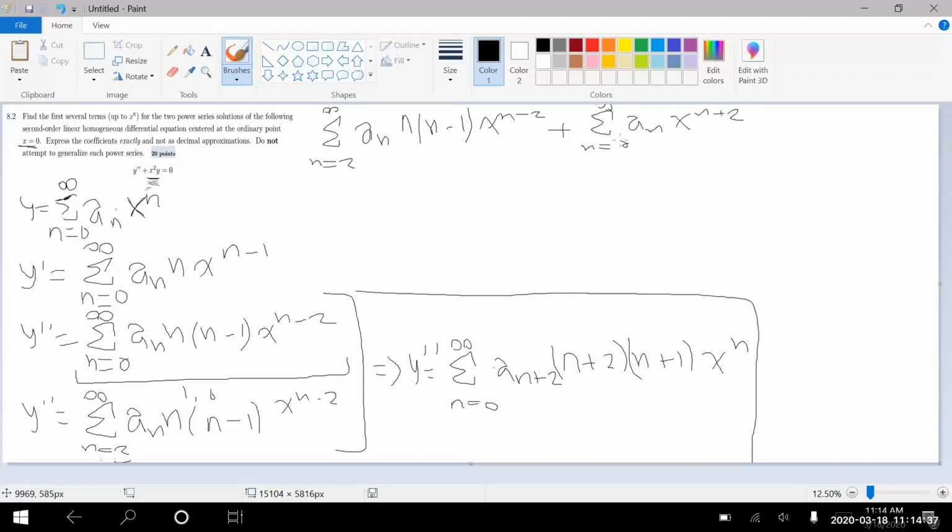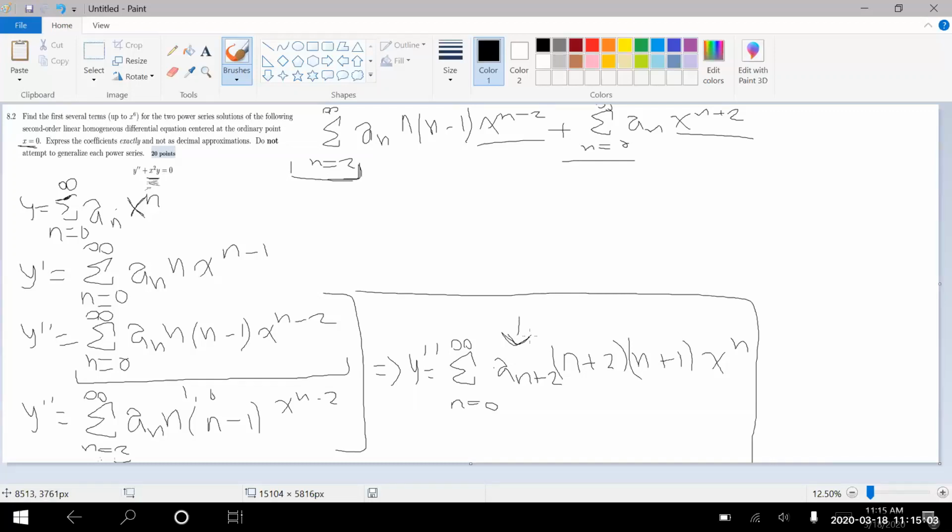So we're pretty far from anything matching the way we want it to, because our indexes don't add up and neither do our exponents. So we have a little bit of manipulation to do. What I'm going to do is subtract 2 from this index and get it into this format.